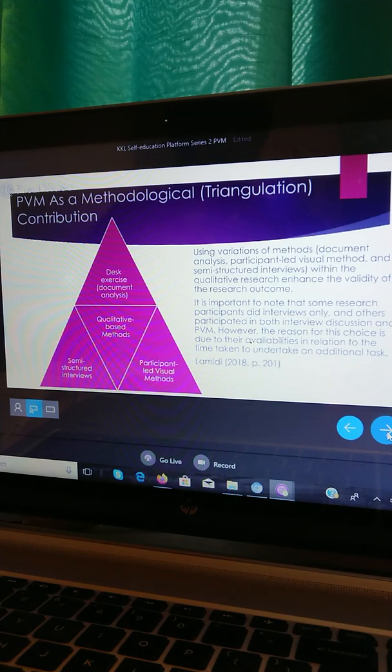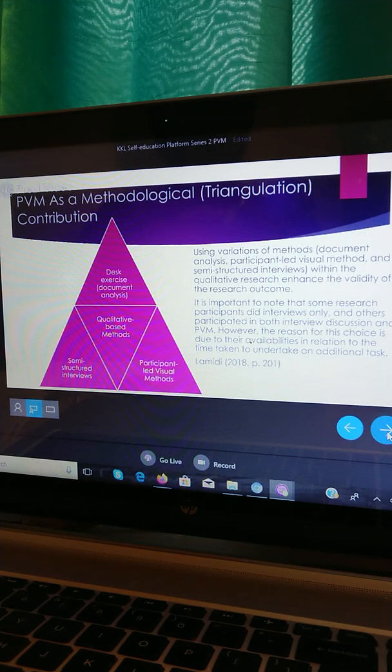And because the participant-led visual method is a gap in entrepreneurship research, I was able to make that innovative contribution within my research, which is chapter 6 of my thesis, and you will see in detail what these contributions are.